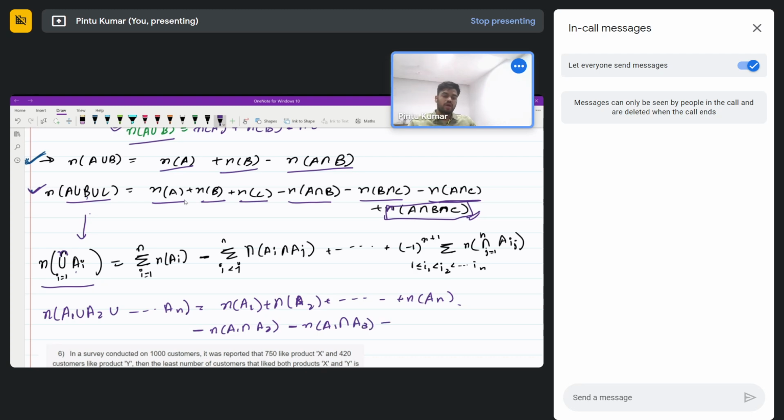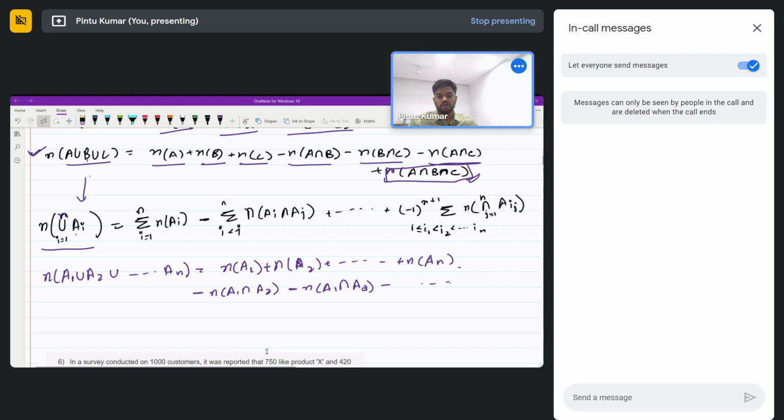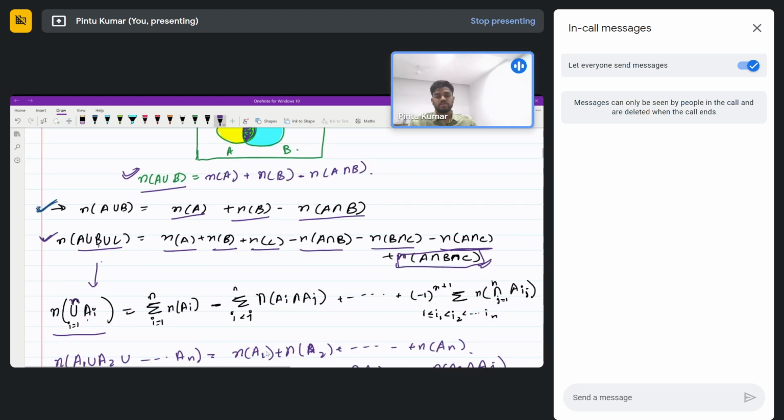And so on. One thing you should remember whenever you are taking intersection of two sets is that, let's say this is n of AI intersection AJ, then your I must be smaller than J. That is, you don't want to repeat this by again taking AJ intersection AI. When you had two sets, you didn't include the number of elements in B intersection A again.